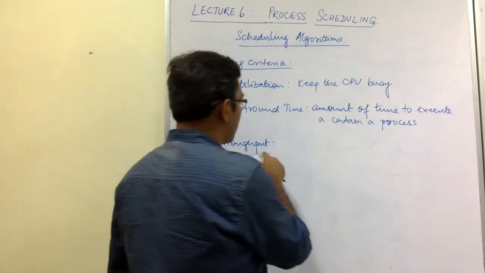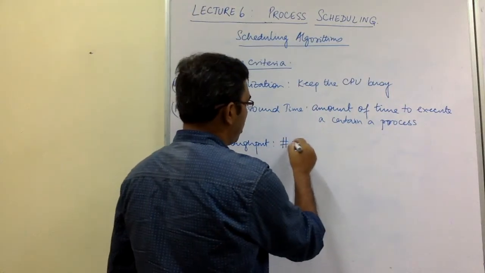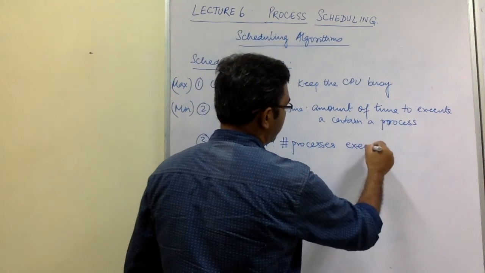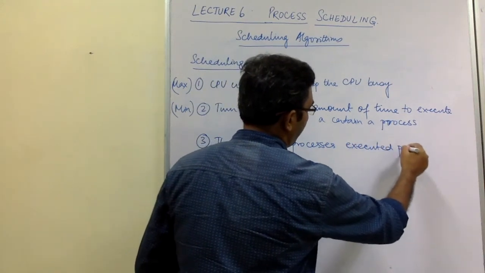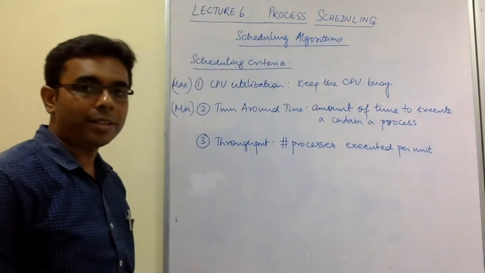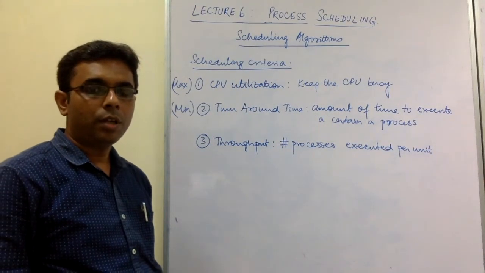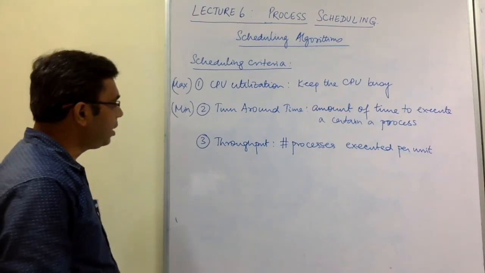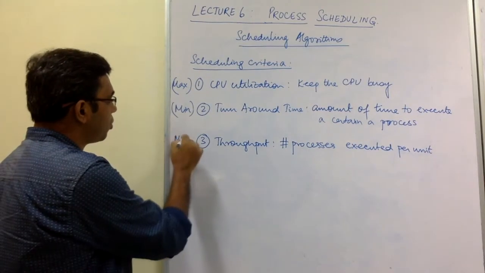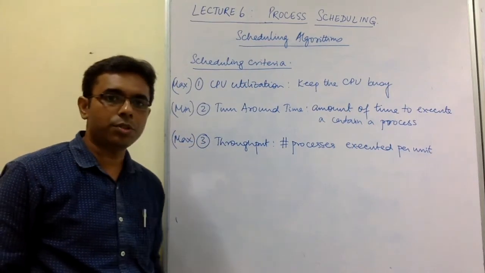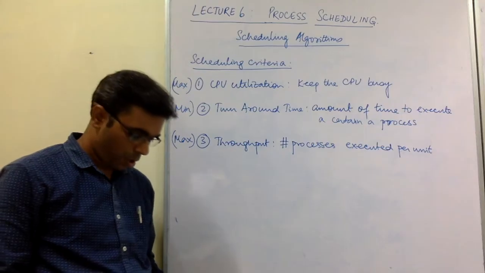So this is the measure which says the number of processes which have been executed per unit time. So if you take some time duration, find out how many processes got completed. So you would like to have a maximum throughput. So you would like to complete as many process executions as possible.